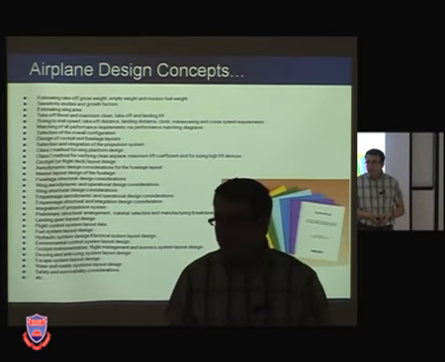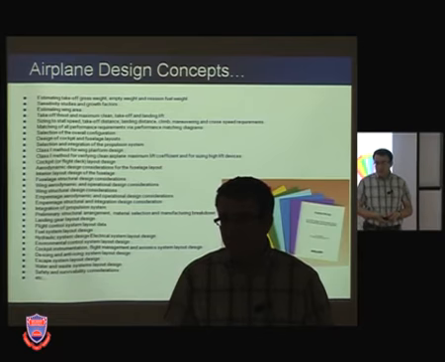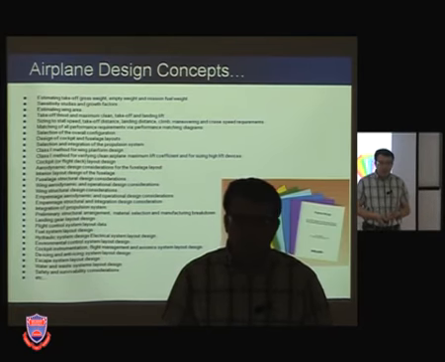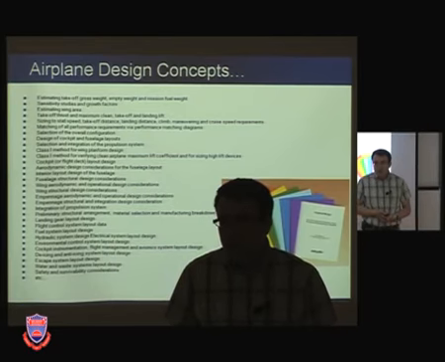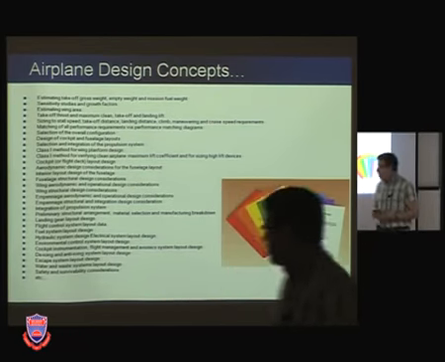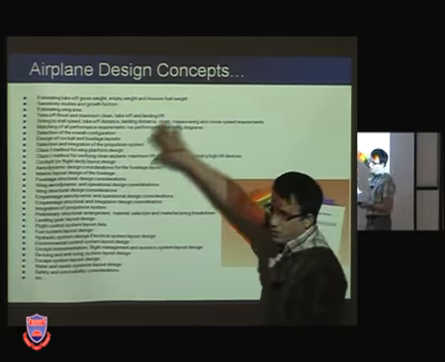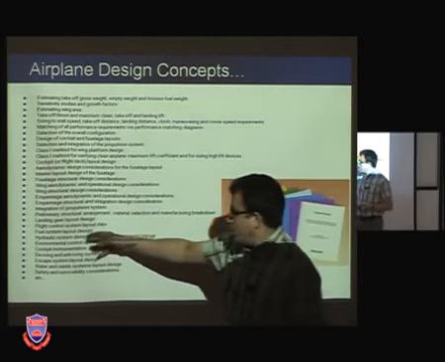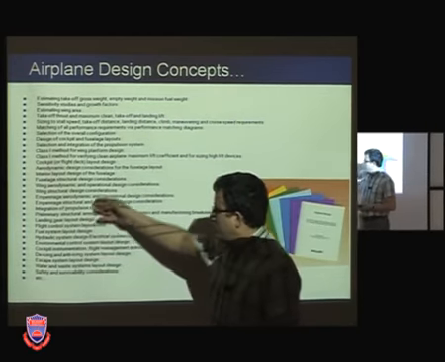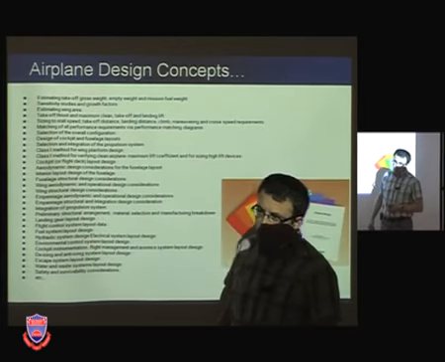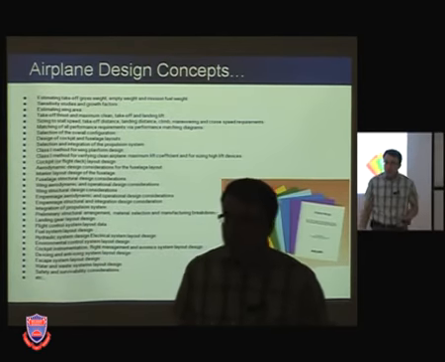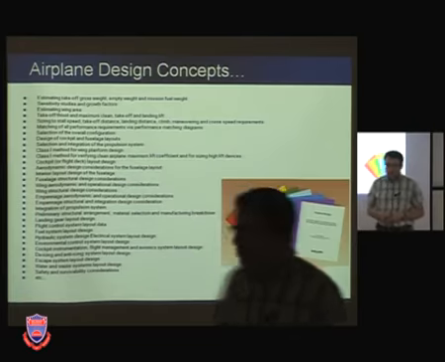And we actually neglected the domain. We didn't look at the domain. We didn't have an explicit process for doing what we call domain analysis, to identify these concepts. Fuel system design, landing gear design, integration of propulsion system. They are all actually in the domain.